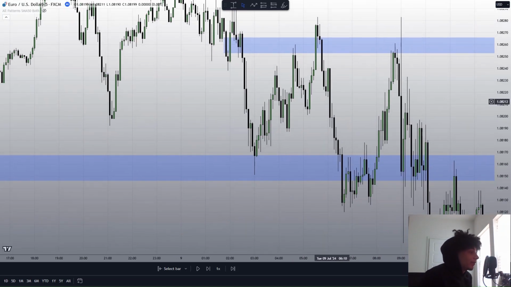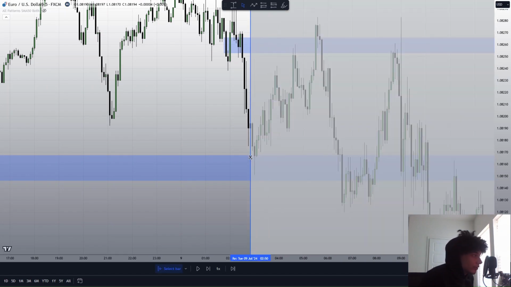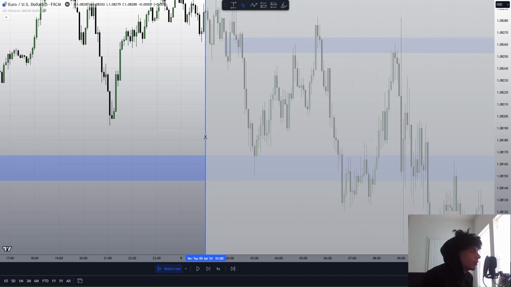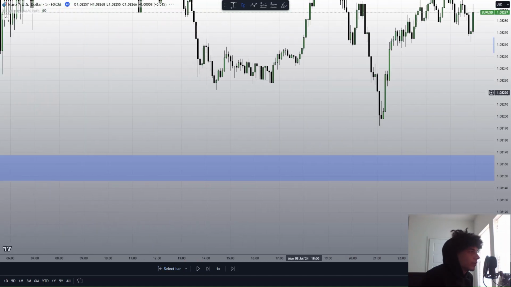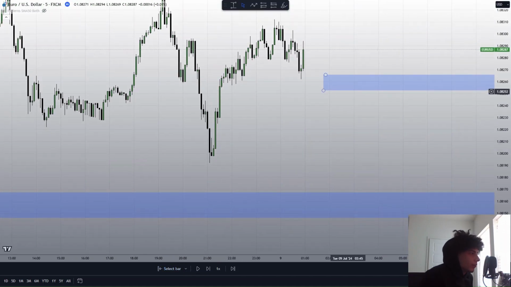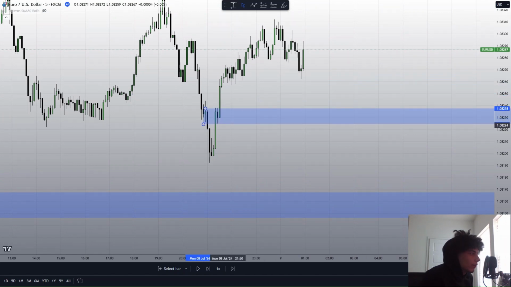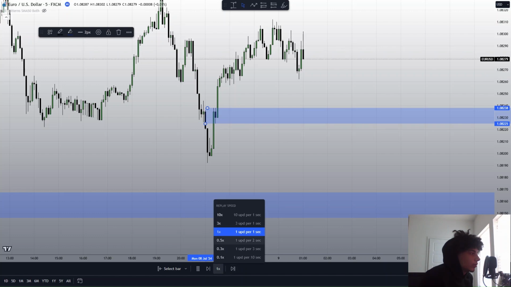All right. Matter of fact, we are in replay mode, so let's look at what price did within these first couple of order blocks. Let's see what price did within here first. All right. Am I able to speed this up?